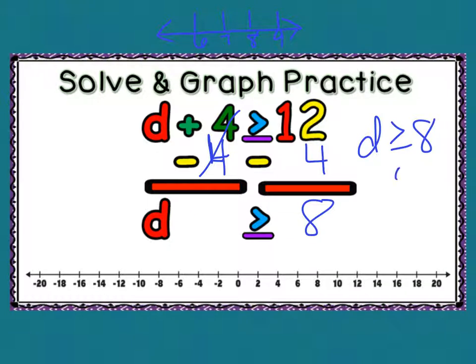So it's going to be a closed circle on 8, and it's going to be going to the right. So closed circle on 8, going to the right. So it's just a combination of solving equations, but adding the inequality to it and graphing. That's all it is.